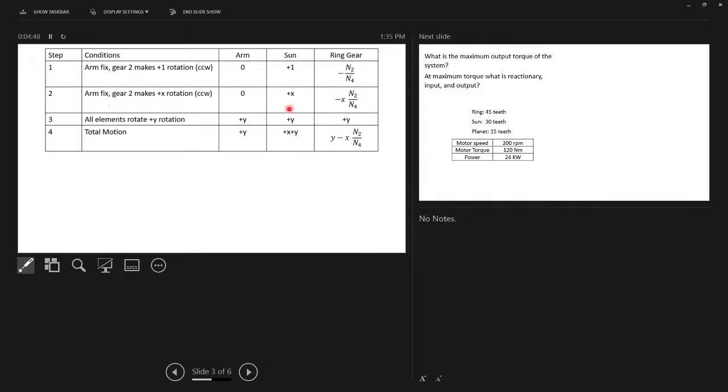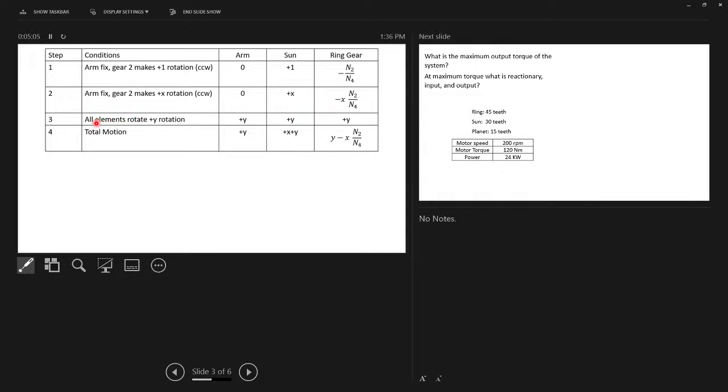Now, when you look at step 2, we've replaced that 1 with just a value of x. So this is the ratio. Basically this is just taking 1 and looking at the ratio in terms of some unknown x.